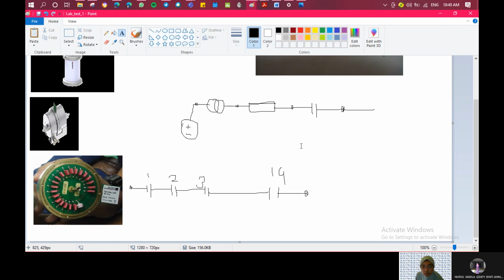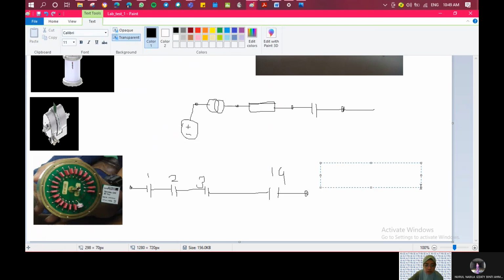So it is connected in series, like the Zener diode. Connected in series.